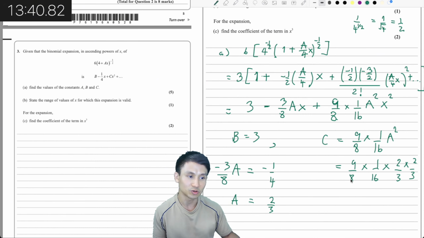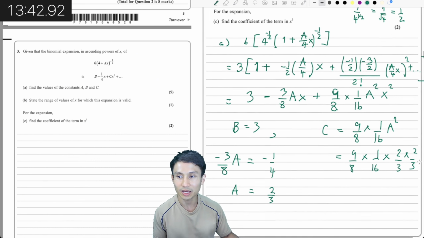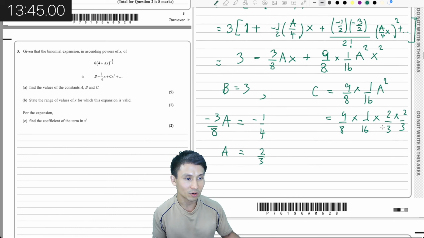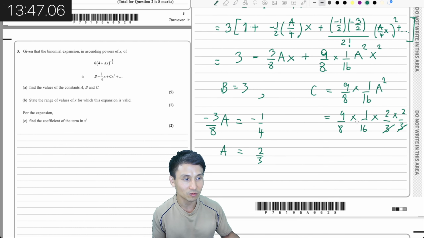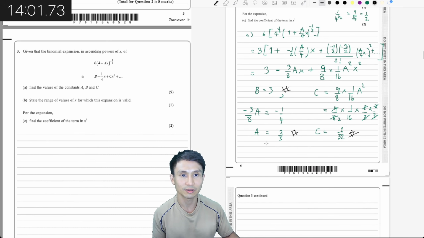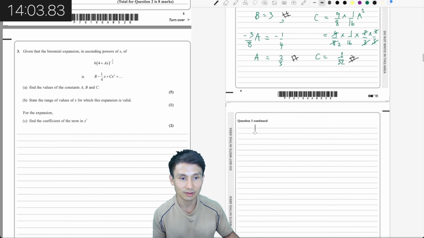I mean, if we assume that is right, then that should be our c. Well, we can do some simplification here. 3 and 3 will cancel 9. 2 and 2 will cancel 8 to 2. So that would be 1 over 32, which is c. So those are all my answers: b, a, and c. That's it. That's part A.